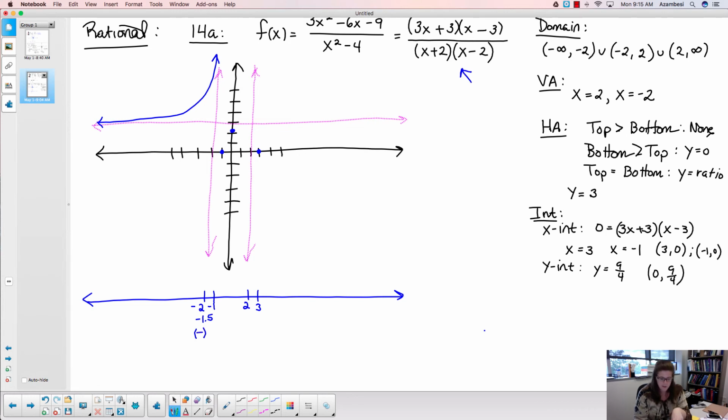So that first piece would be negative. Negative minus a number is always negative. Negative plus 2, or -1.5 plus 2 gives me positive. But this piece is also negative. So overall, I have a negative value in this region, which means that it comes in from the bottom and touches that intercept point. Now some intercepts will turn around and go back down. This one will not, because I've got a y-intercept up here.